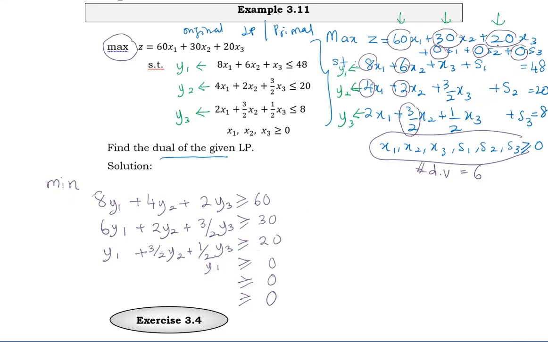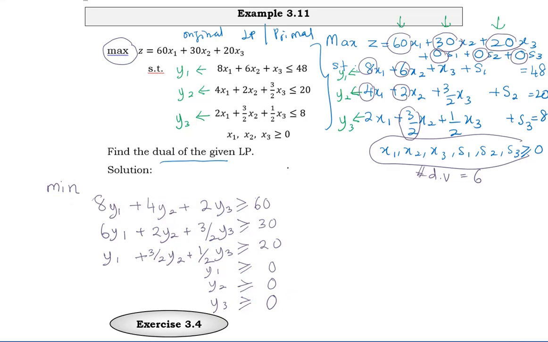And then the next column, 0y1 plus y2 plus 0y3, so y2. And the last column, only y3 greater than or equal to 0.